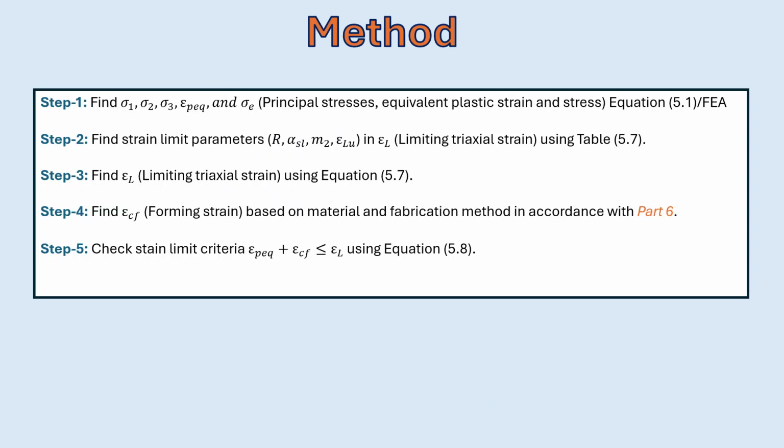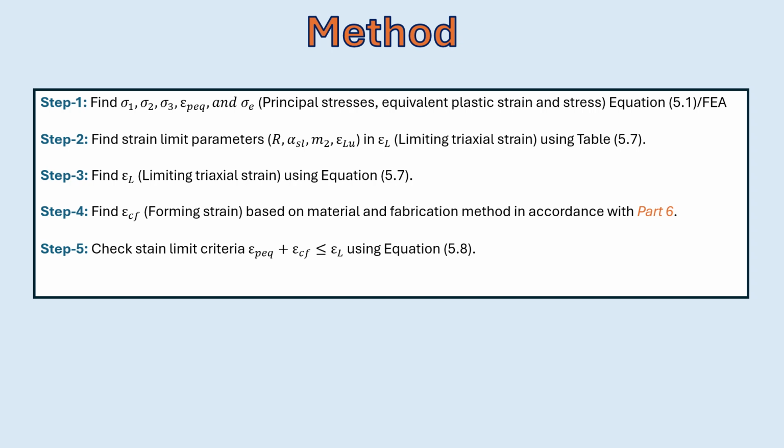By following the 5-step method, it becomes very easy to check protection against local failure using the elastic plastic analysis method. Step 1 is to find principal stresses, equivalent plastic strain and stresses. You can also check using equation 5.1 or FEA. Step 2 is to find strain limit parameters, which are R, alpha SL, M2, epsilon ELU, which are used in EL, the limiting triaxial strain, using table 5.7.